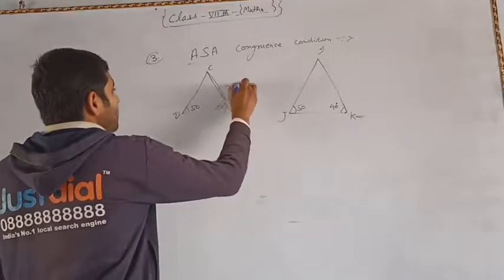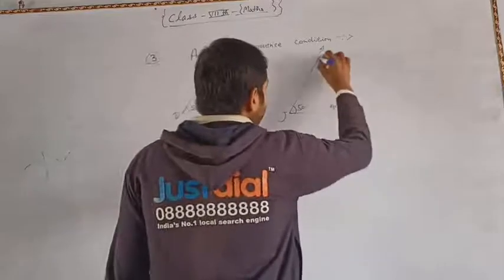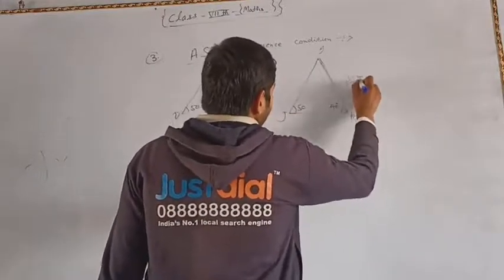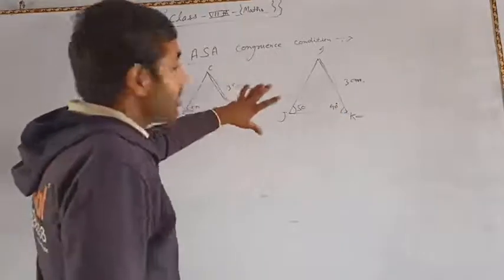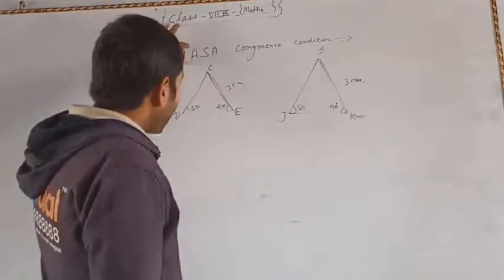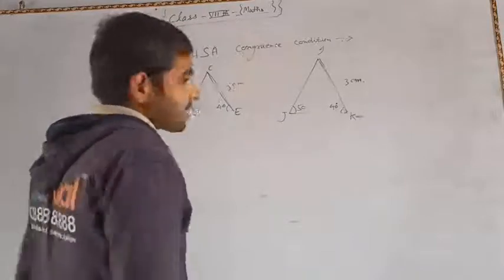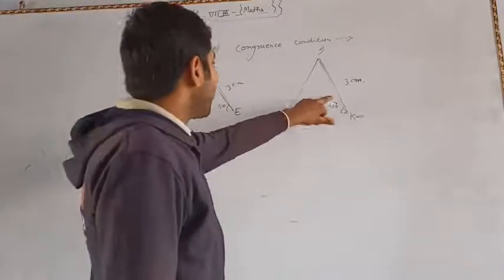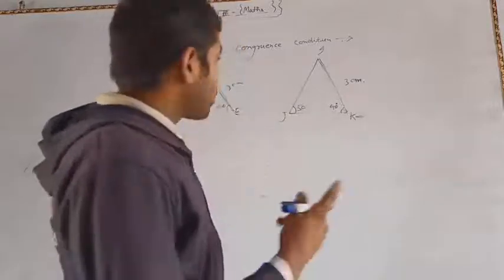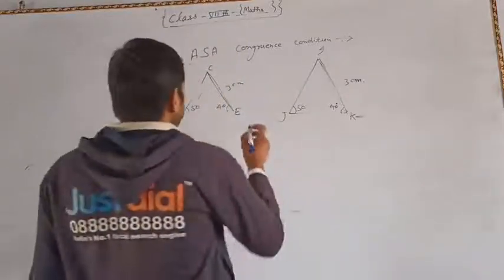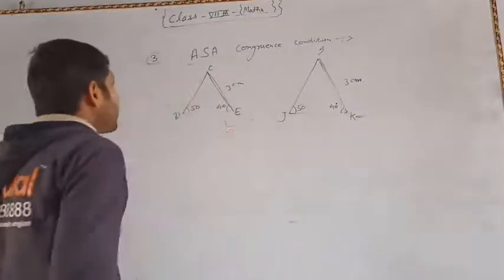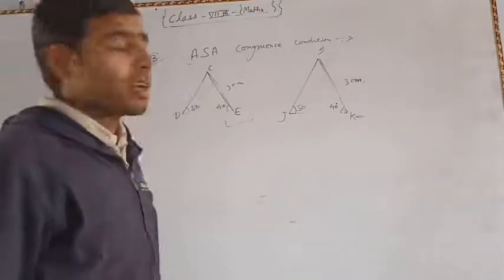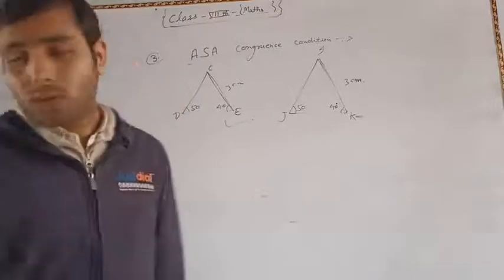This is 3 centimeter, and also this must be 3 centimeter if you follow the congruency rule. Here angle side angle congruence condition, then you can see here that two angles and one side are equal to the other triangle, then this rule is known as angle side angle ASA congruency rule.